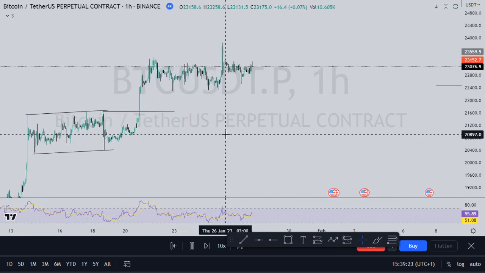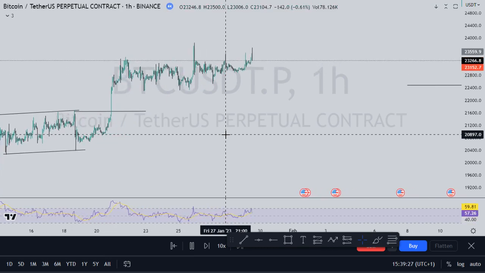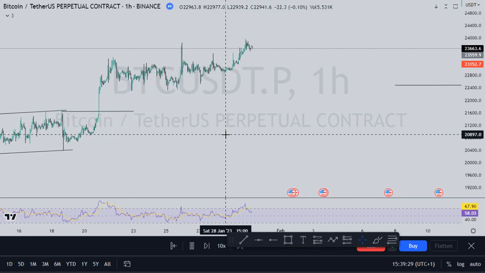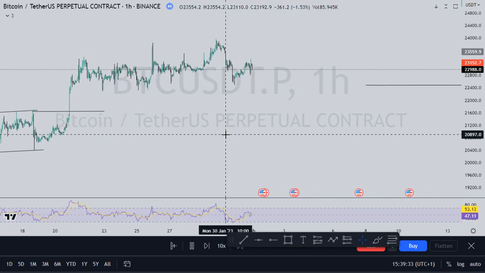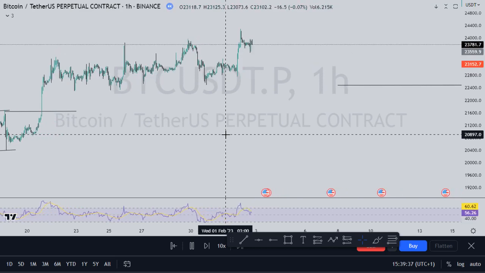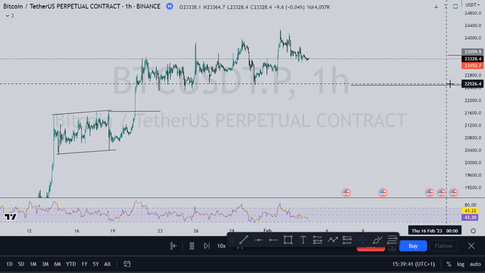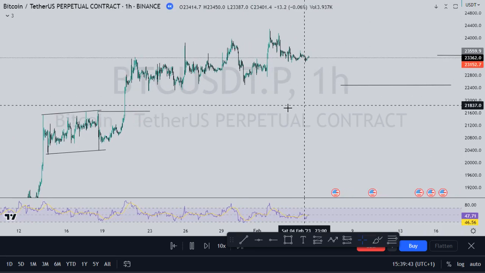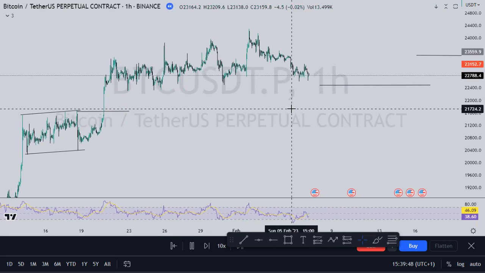The volume bar or the volume tool can be added from your TradingView. But first of all, let me show you how to use a moving average to identify a trend. A moving average is a tool that calculates the average price of a commodity over the period of time that you set it.